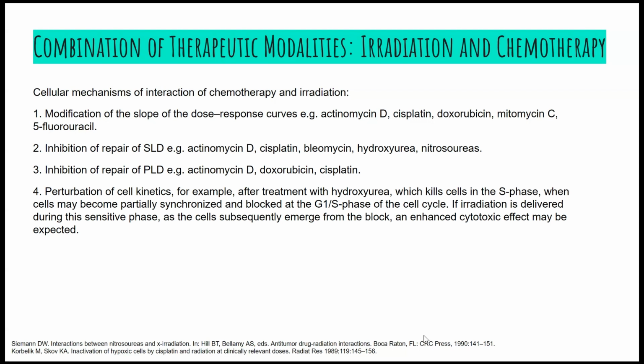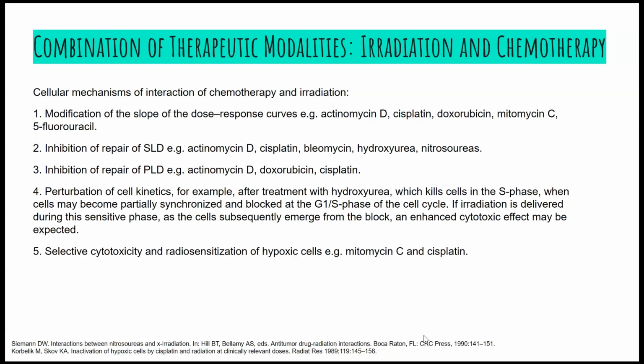Now with hydroxyurea, all the S phase get killed. So only you have G1, mitotic, G2M left. And the M phase, G2M is basically very irradiation sensitive. So when the irradiation is given, the cells in the sensitive phase are left, so the cytotoxic effect of the combination is higher.